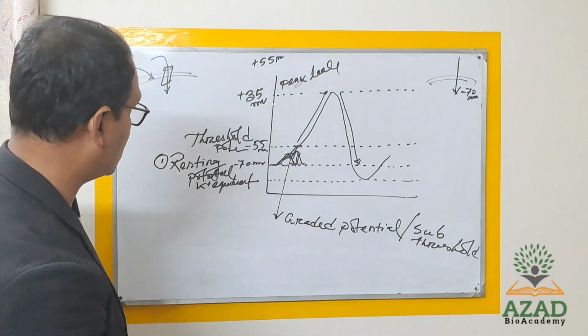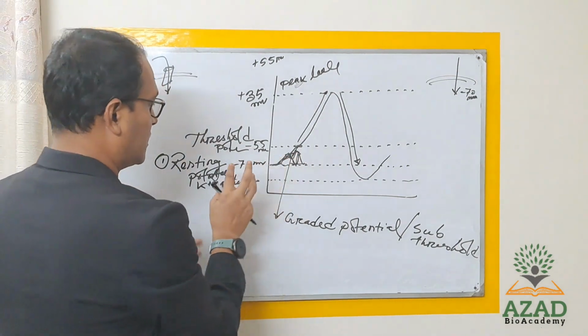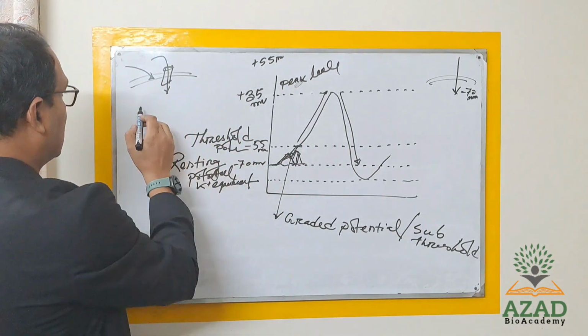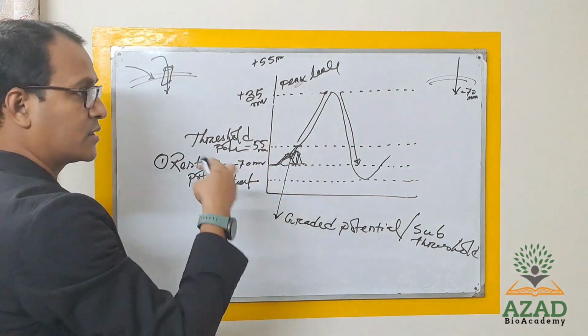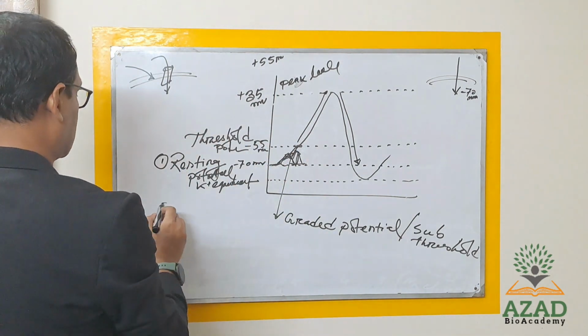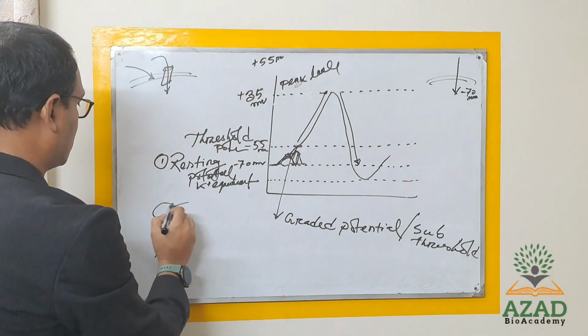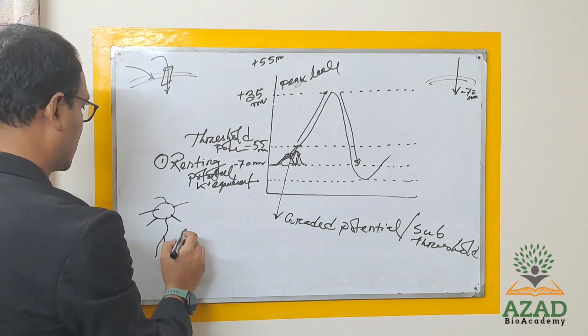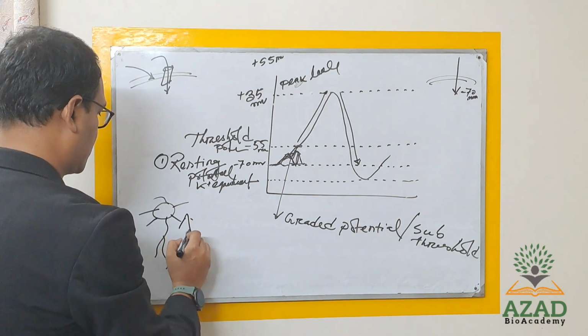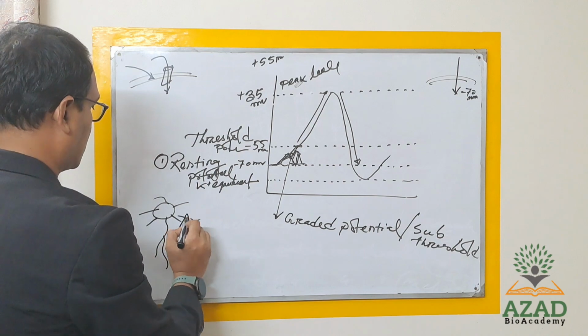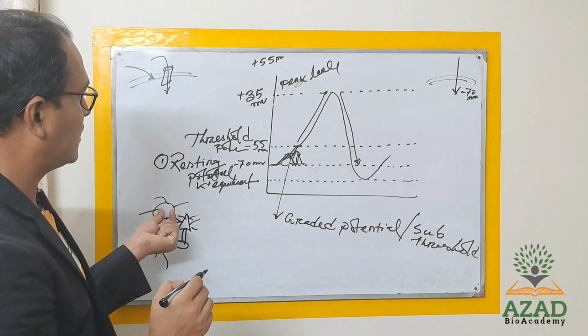So here, when you just activate or stimulate a nerve, suppose this is the nerve cell, when you stimulate it, then what will happen?